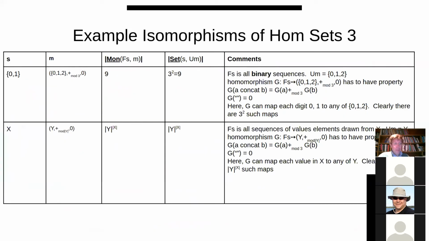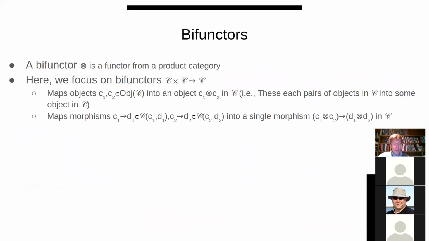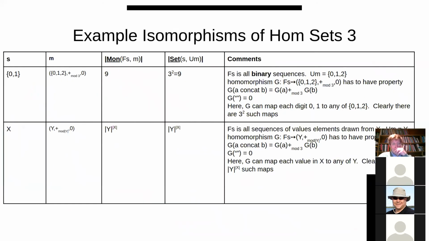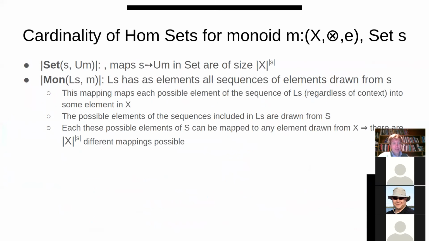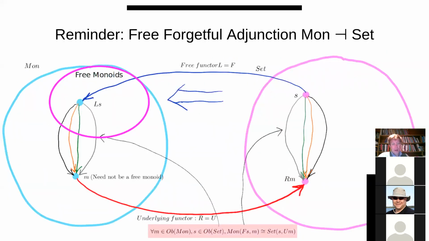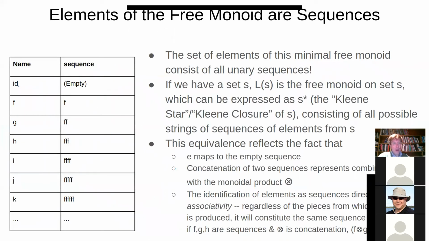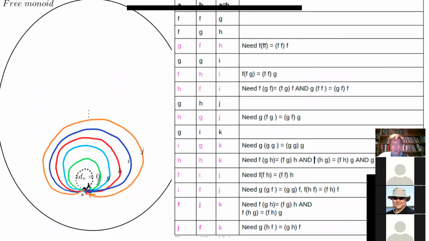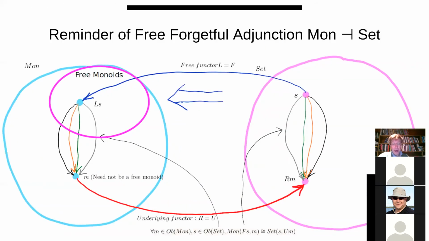Okay, now in my closing minutes here, a key point I want you to carry away from this, because we've covered a lot: free monoids for a given set are sequences of elements drawn from that set, where those sequences are of length 0 and above.